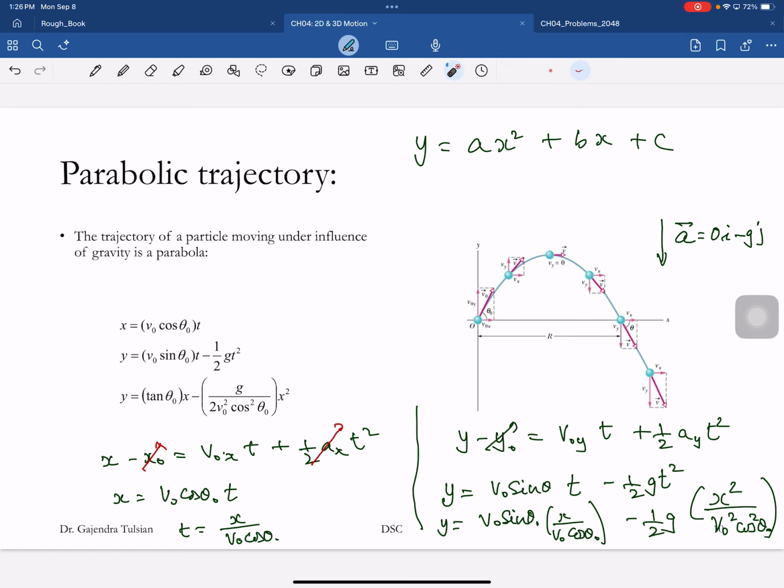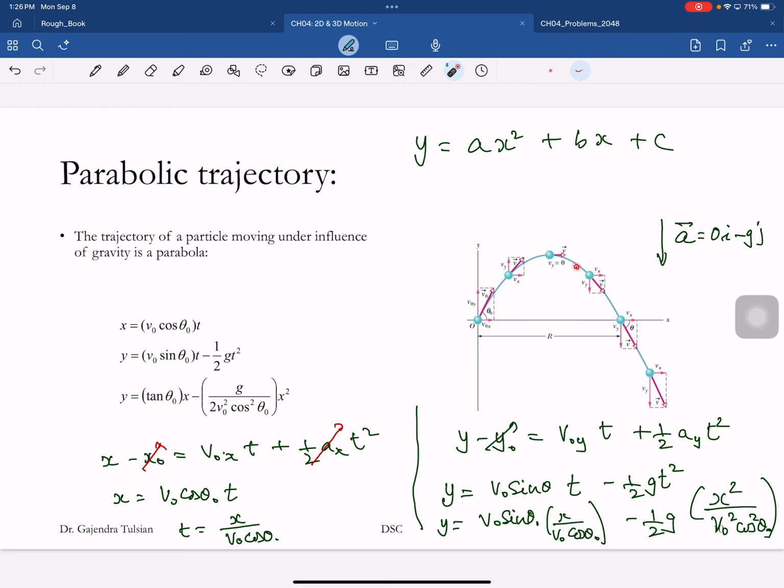So you see y is a quadratic function of the x coordinate. If you're on this trajectory, your y coordinate is a quadratic function of the x coordinate, and you see the coefficient is negative. So this trajectory is a parabola.